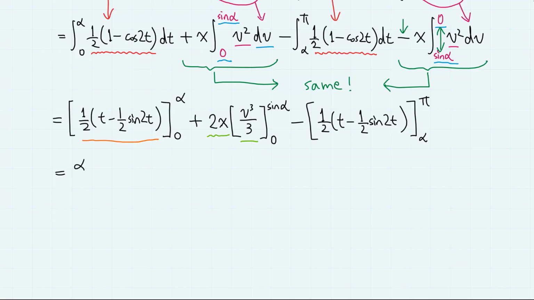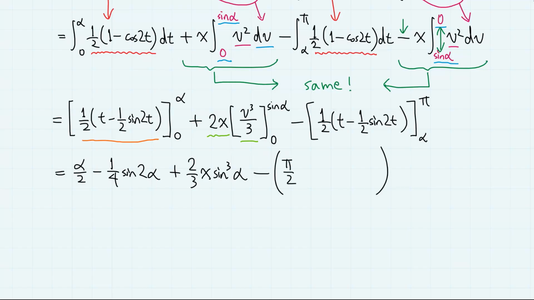The first one gives alpha over 2 minus 1/4 sine 2 alpha, and the second one gives 2/3 times x times sine cubed alpha, and the third one gives minus pi over 2 minus alpha over 2 plus 1/4 sine 2 alpha.